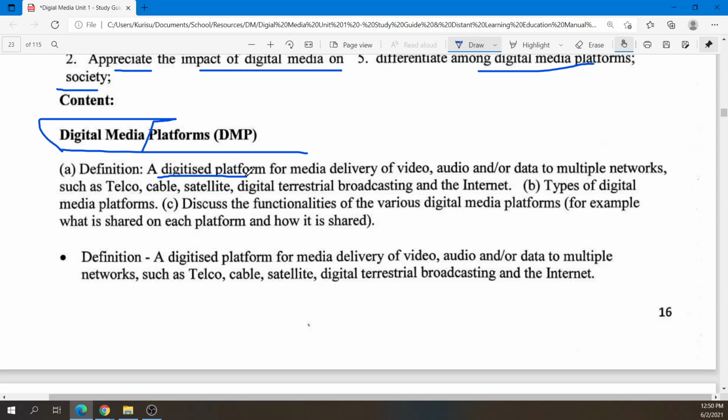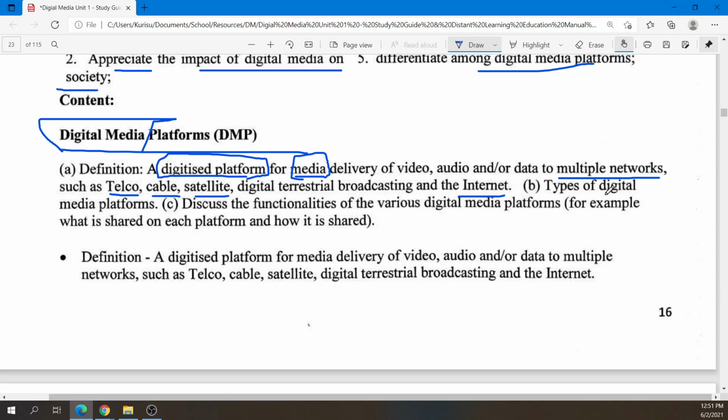It is a digitized platform where you can get media content, video, audio, any data, ebook, website, any form of digital media from these networks such as telco, cable, satellite, the internet. From those network connections you gain access to the digitized platform, which is hosting the digital media.